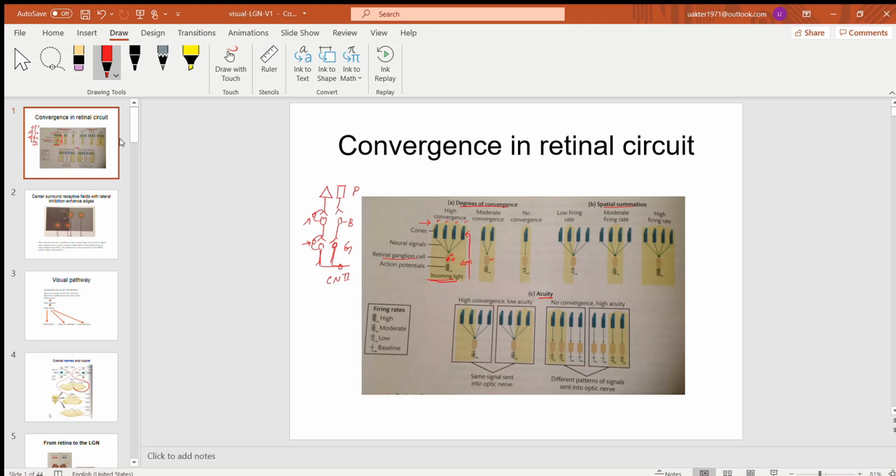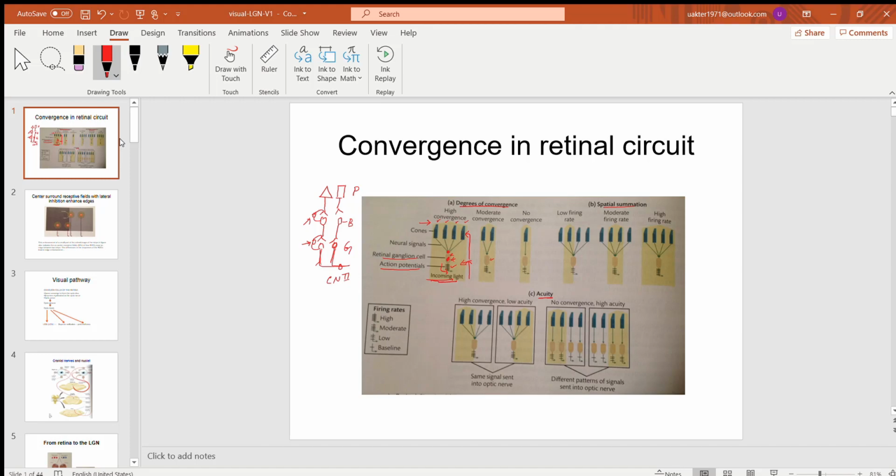So input from these 4 cones or photoreceptors is going to this ganglion cell, right? So that will excite the ganglion cell, and you see the action potentials here, right? That will be taken to the brain.